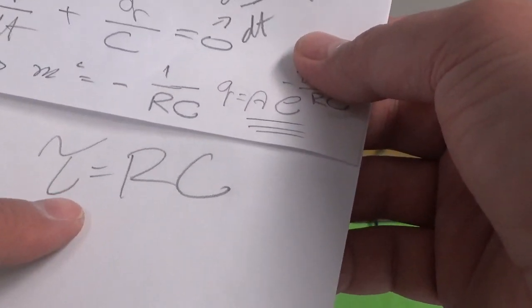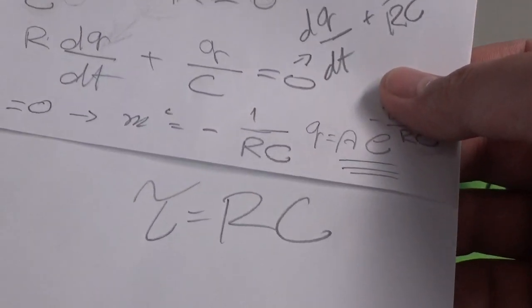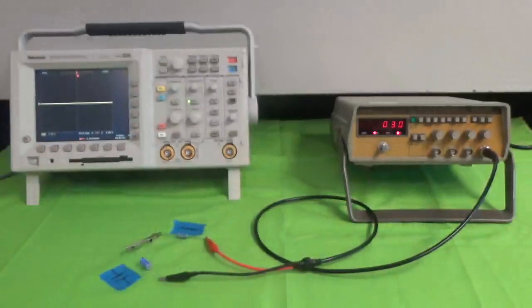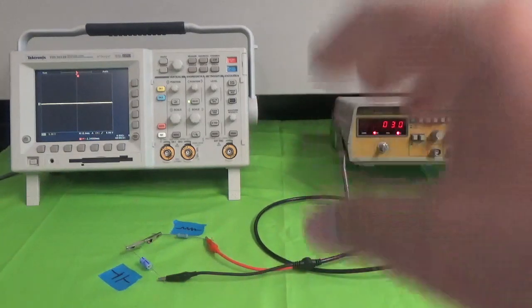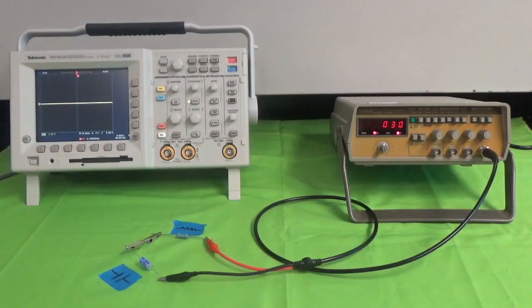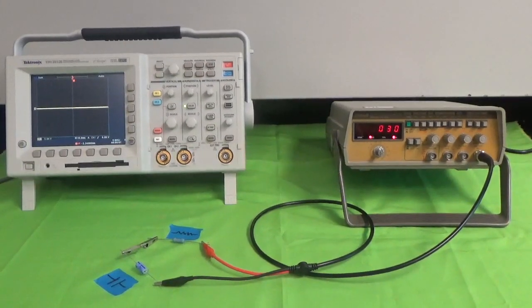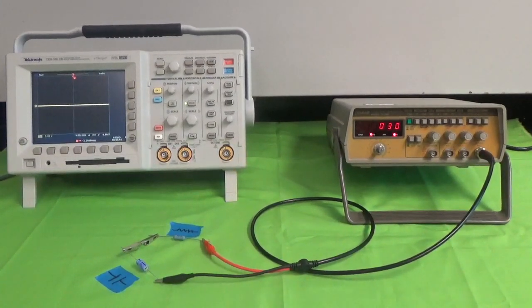So that's great. Let's now learn how to get t half from this experiment. To do that, we need to start working on the experiment, so let's get started.